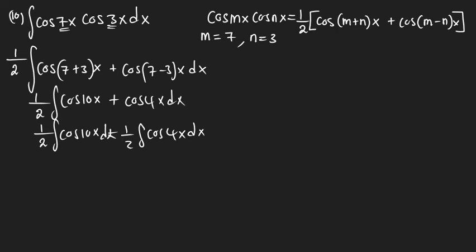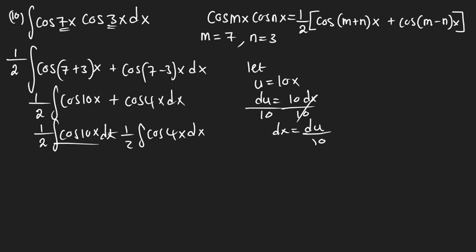Don't forget your dx everywhere. So you can start with this part. We can let u equal 10x, so that du becomes 10 dx, and dividing by 10, dx is equal to du over 10. So you can just replace here. It's going to be 1/2 integral of cosine u du over 10, plus, let's work out this part again.